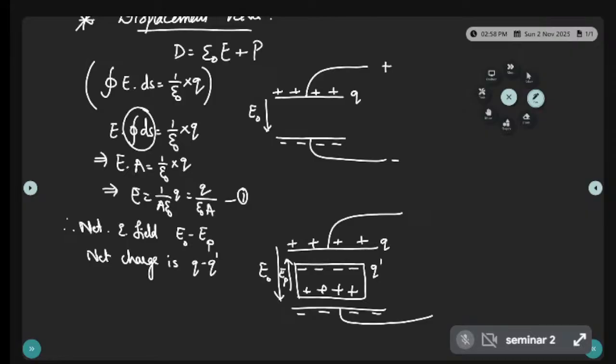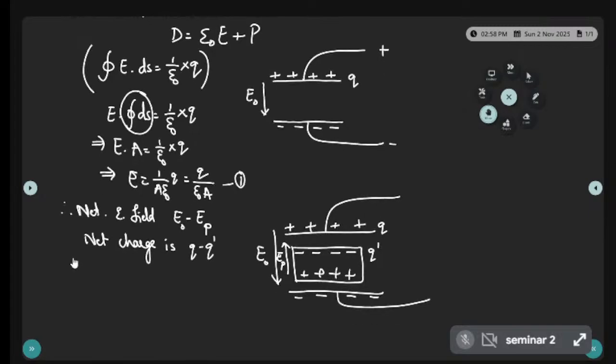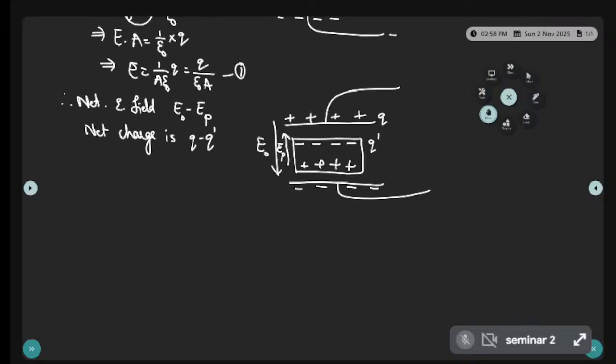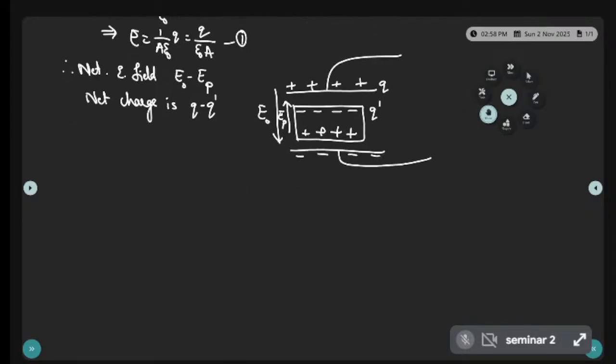Now, again use Gauss law. Integral E dot ds is equal to 1 by epsilon naught into Q. This is Gauss law for the leftover charge. What is the charge here? In the place of Q, what do I have to take?